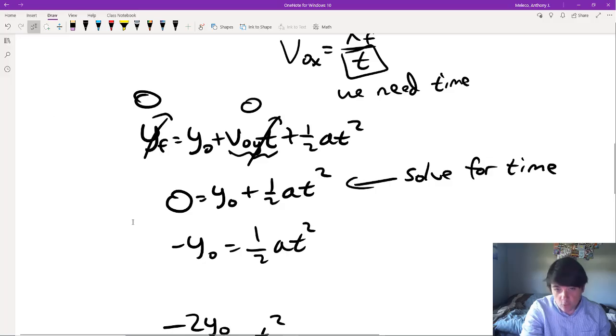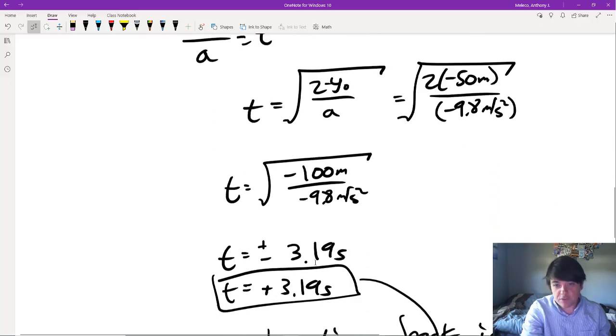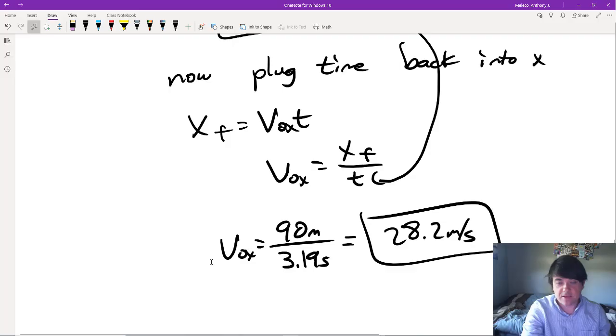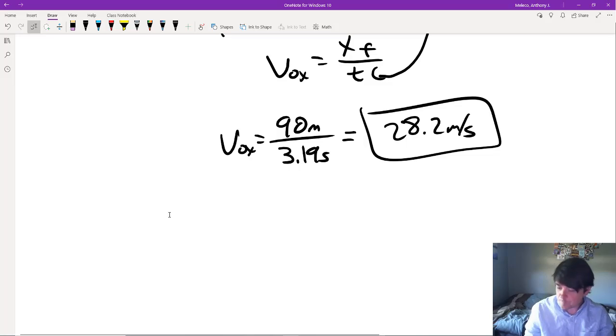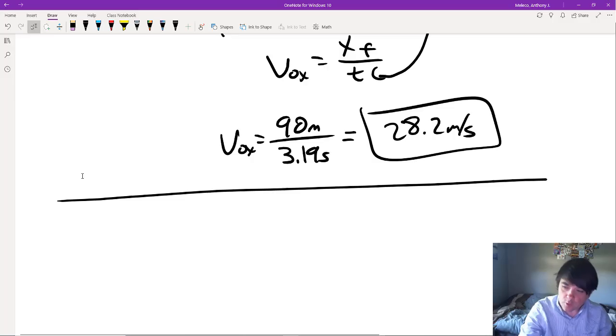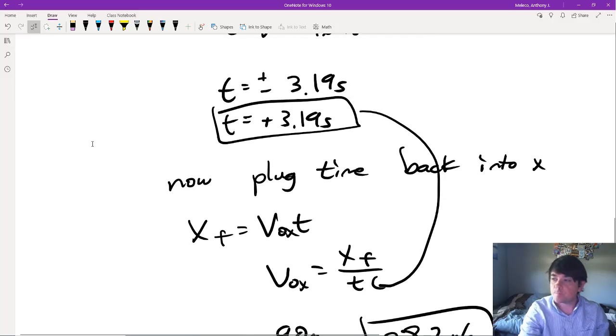So we go to the y equations for time, solve for time, plug back in to get v naught x. And again, that's how it will work. Sometimes you will have time, sometimes you'll solve for time in the x, plug it back into y, or things like that, okay? That's definitely a lot of these problems, but not all of them.